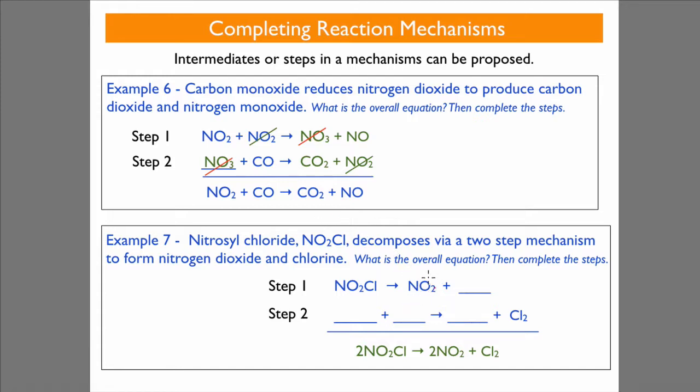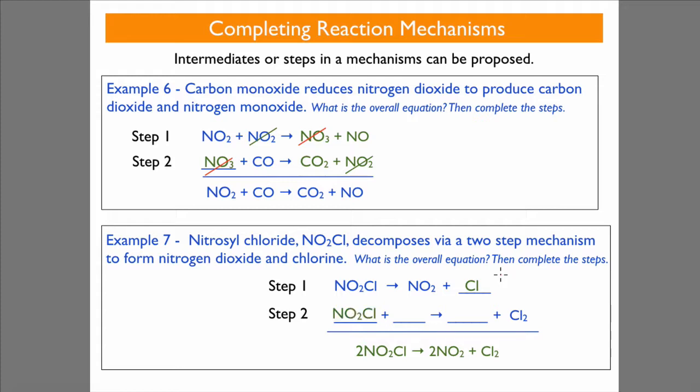Okay, so we do definitely want nitrogen dioxide to be formed, so that's good. In step 2, we know that we need to make some chlorine. If we're making nitrogen dioxide here, then the chlorine atom is going to be separated from the nitrogen dioxide.